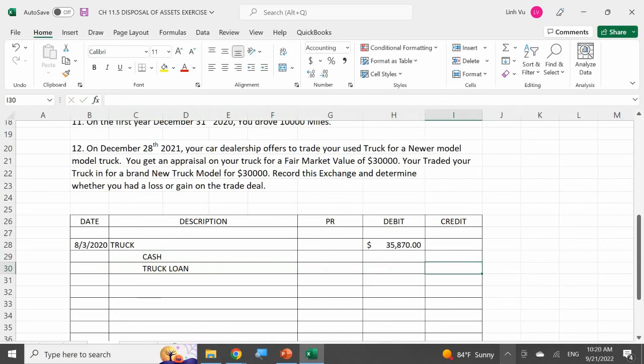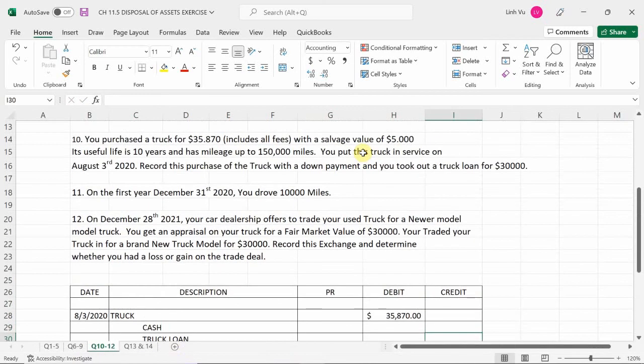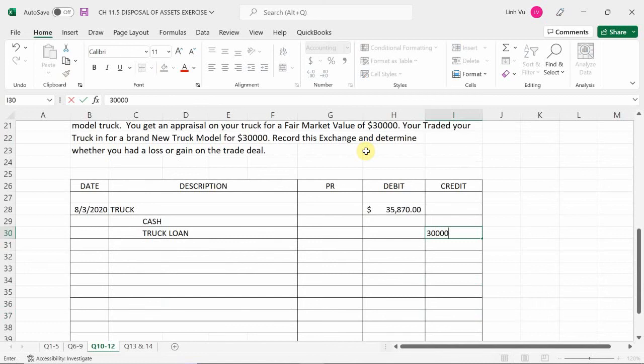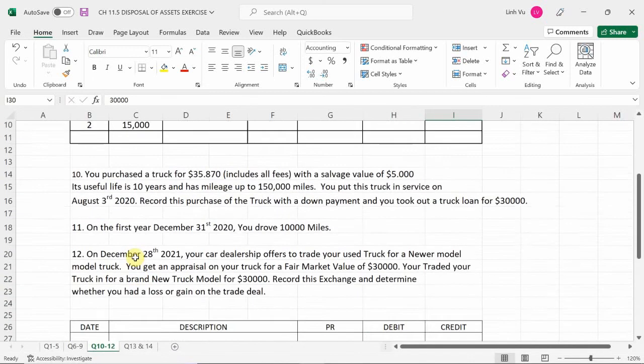How much was the loan for? 30,000. It was for 30,000. So that means how much did I pay up front? $5,870. Okay, so there you go. I purchased the truck. Okay.